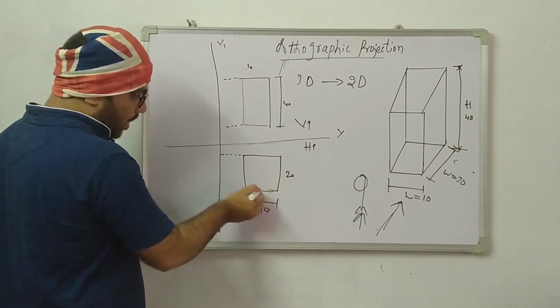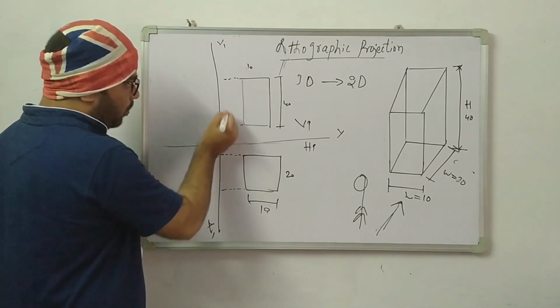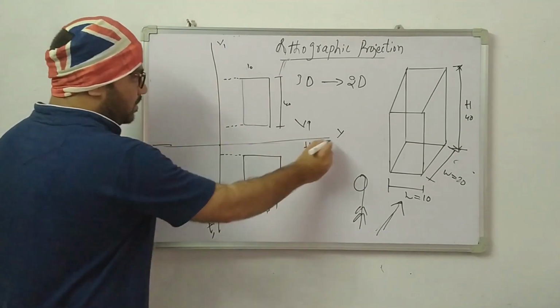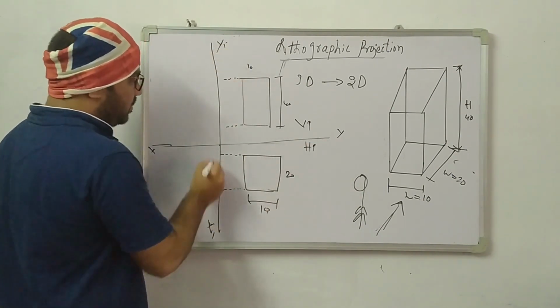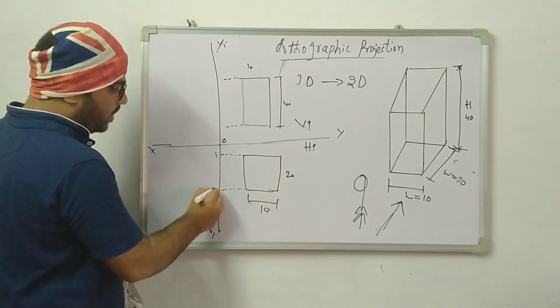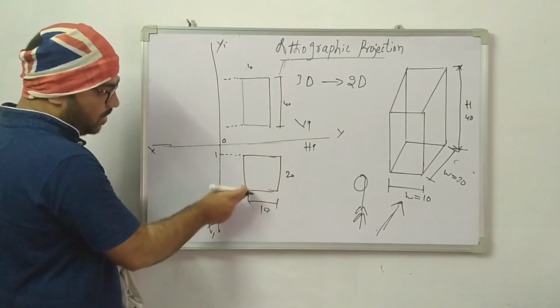These are the horizontal lines. Draw the projection lines here also. Now this is my new reference axis, and this is my intersection point, the origin. Now consider this as one point and the second point. These are the two horizontal lines. I draw the projection lines here and here.